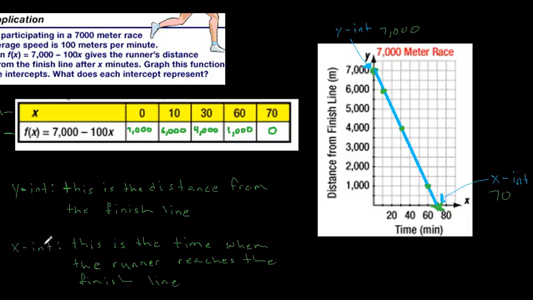So the x-intercept is how long it takes to finish the race. The y-intercept is how long the race is total. Neat.